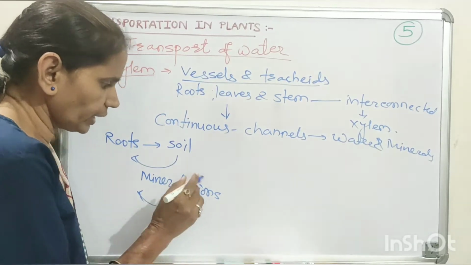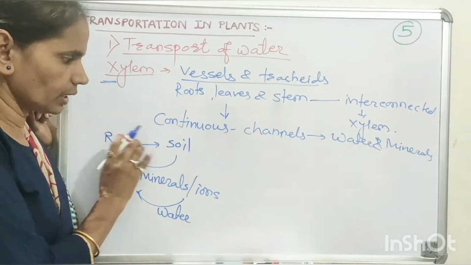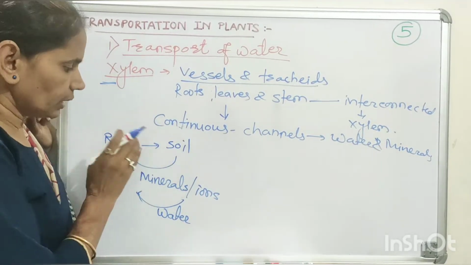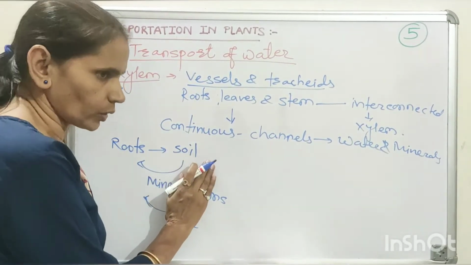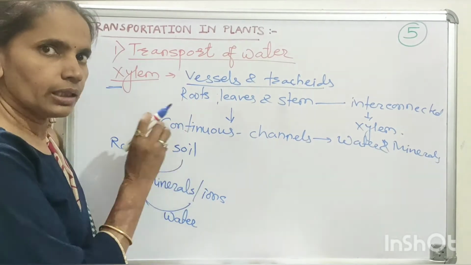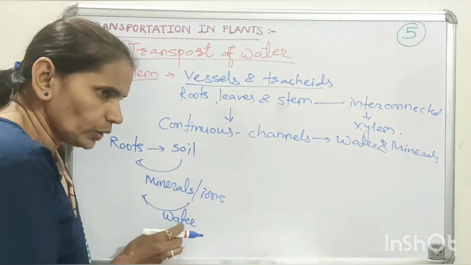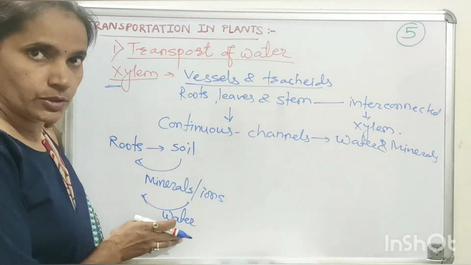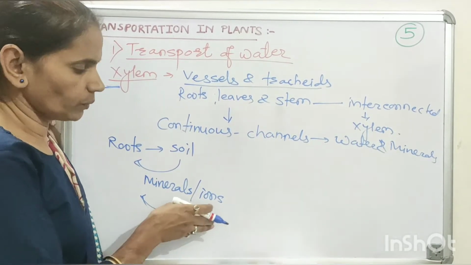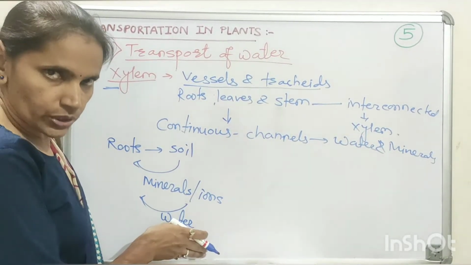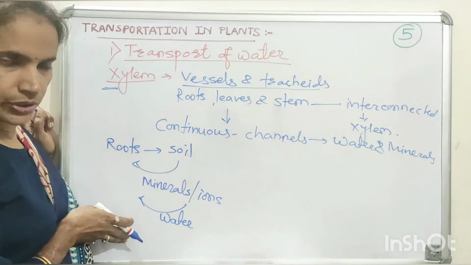So initially what happens? There is the uptake of ions from the soil. So the ionic concentration in the roots is higher than the soil. So to recover this ionic difference, the water molecule moves. Now this process, as you know, is a diffusion process because the movement of water molecules is from the higher concentration region to the lower concentration region.